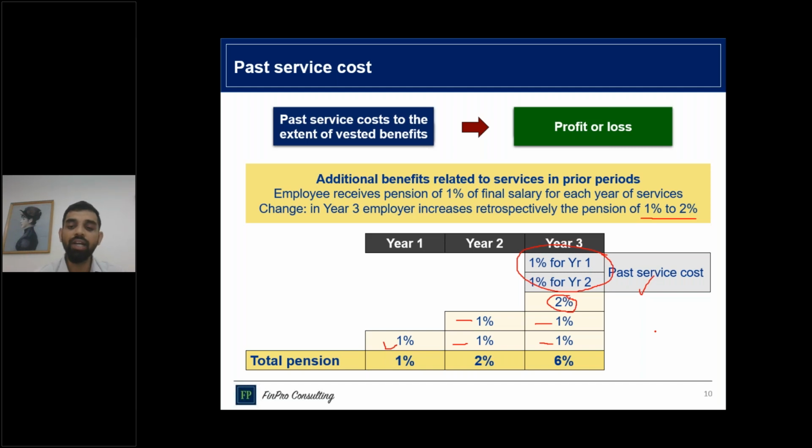Now under Indian GAAP, this past service cost is recognized in P&L only to the extent of vested benefits.